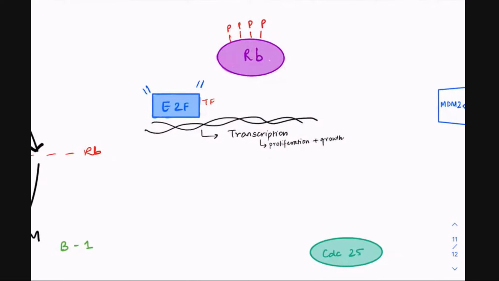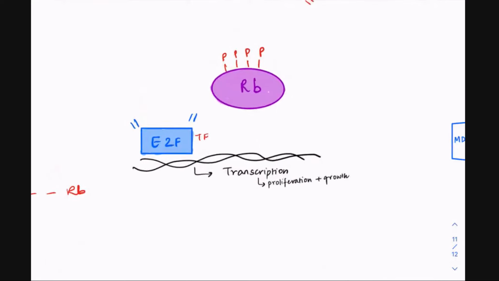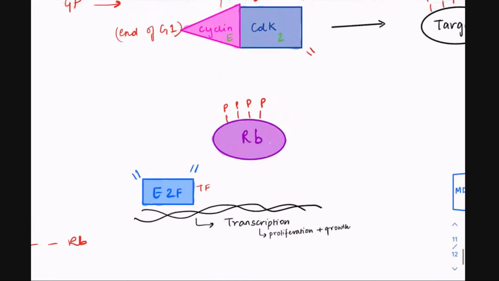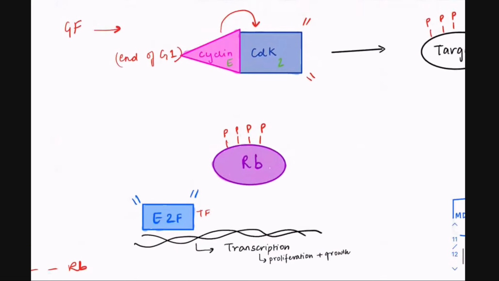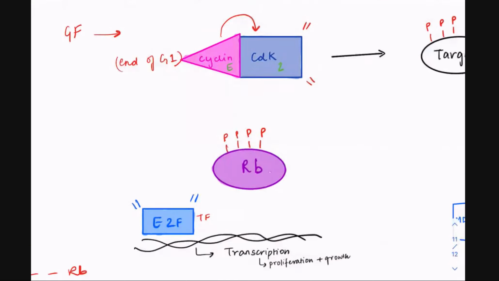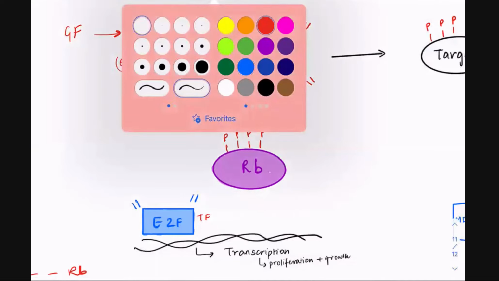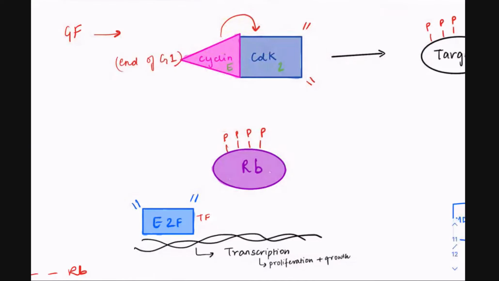I do want to talk about a small thing here, and how chemical modification of RB can actually lead to cancer. And to understand that, sometimes RB can be hyperphosphorylated. Okay, so when RB is normally phosphorylated, it can keep switching back and forth from the activated to the inactivated stage, okay?